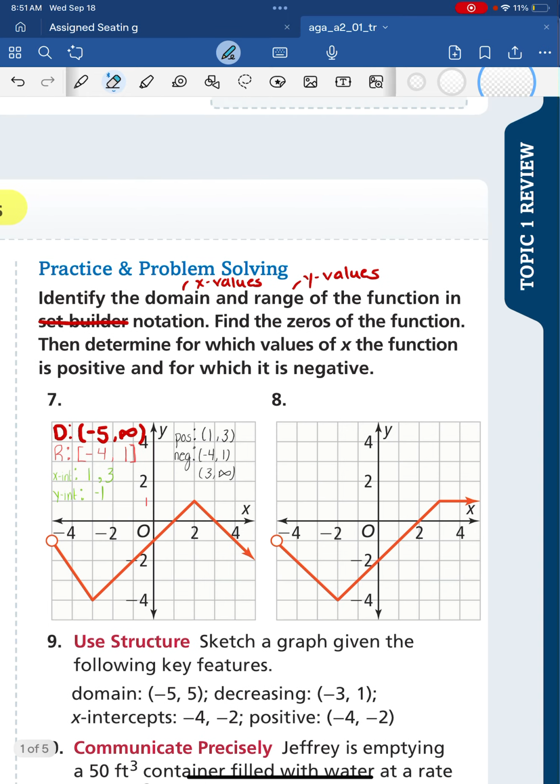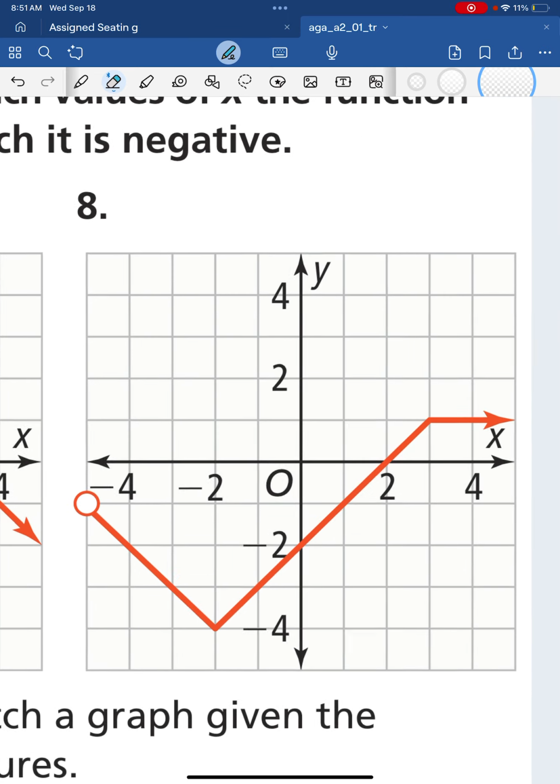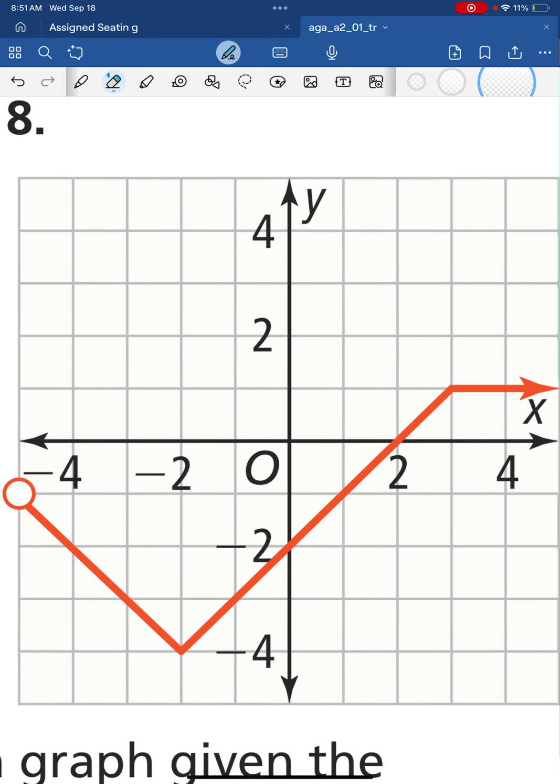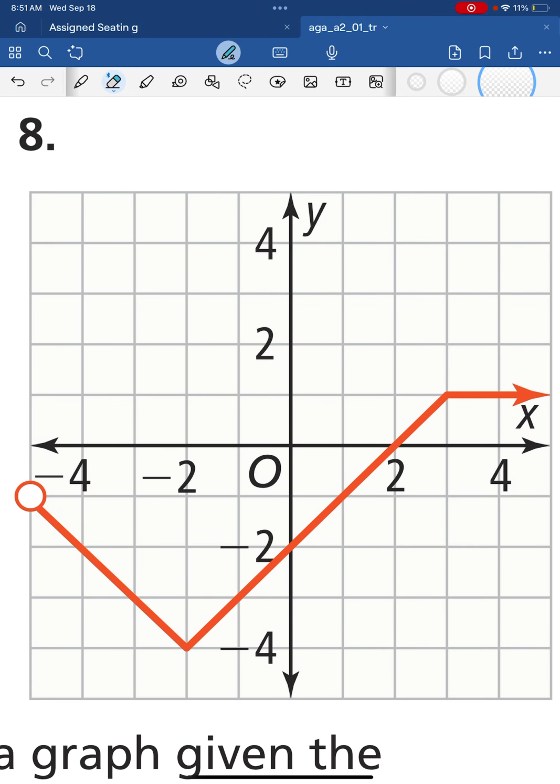Okay, moving on to the next one. We're gonna do the same thing for this one that we did for the other one. I think I'll leave my pen red, it's easier to see. So the first thing I need to do is find my domain and range.